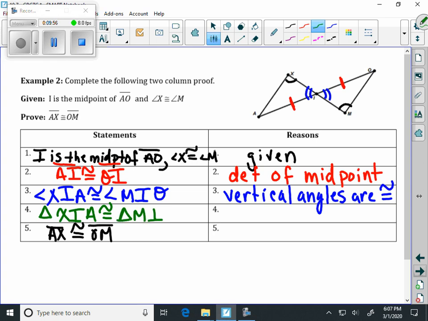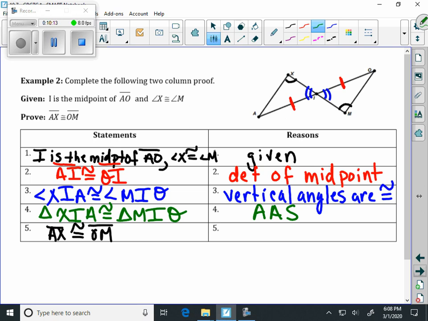Because what we have in this particular case is we have two angles and not an included side. And when the side is not included, we can say angle side is the reason.